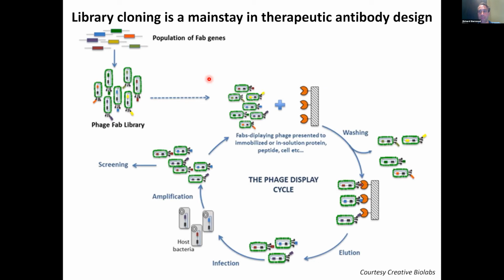At this point, most of the top selling drugs in the world are antibodies. And those antibodies are usually designed using a process called phage display, where on the order of 10 to the 10th or 10 to the 20th, which is an extremely large number of antibodies, are made through oligonucleotide library synthesis, followed by cloning into a vector where the variable sequence of an antibody is encoded by these oligonucleotides.